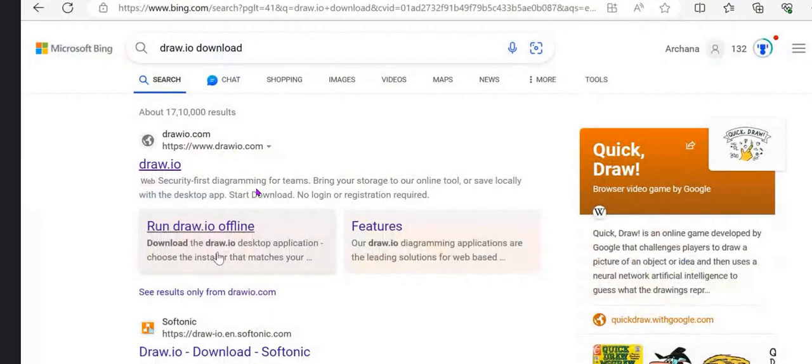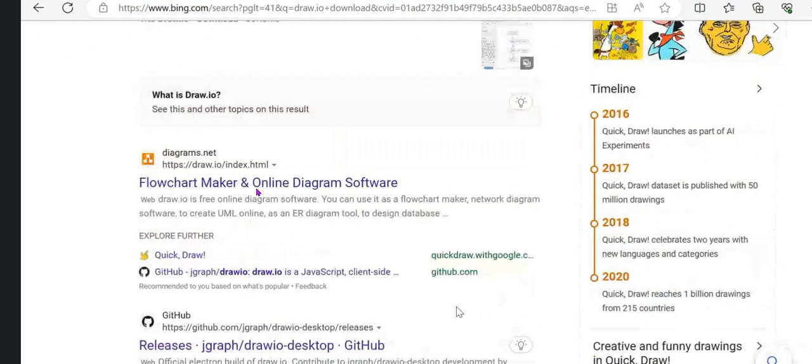You can use this tool for org charts or any diagrams. So you have to gradually get hands-on with designs.